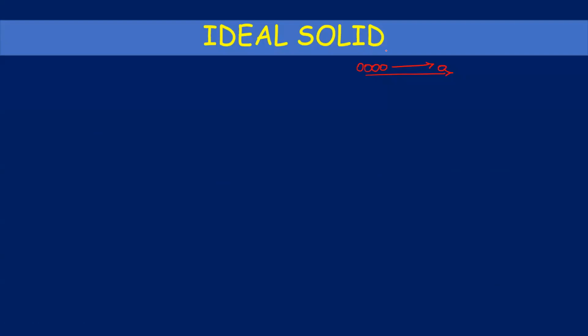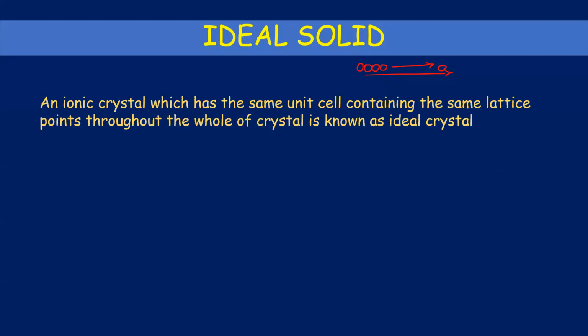How will you define an ideal solid? An ideal crystal has the same unit cell, containing the same lattice points, throughout the whole crystal. Generally, this can be asked as a 1 mark question: what is an ideal solid, what is an ideal crystal?